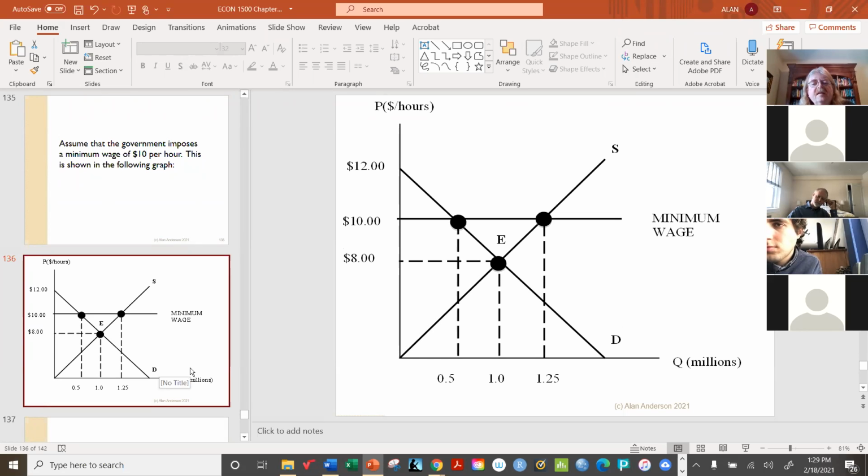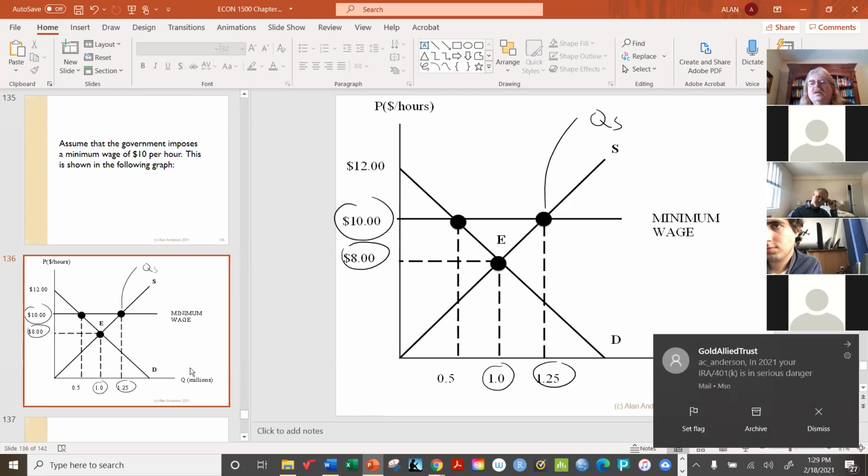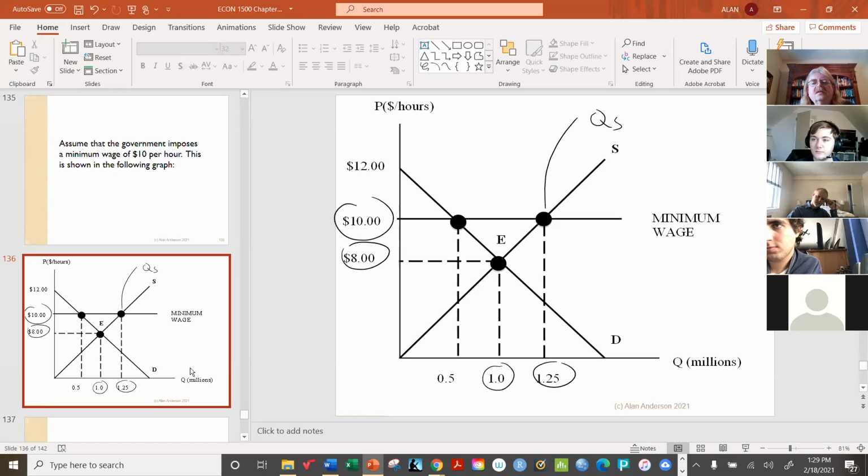So initially, 1 million people were working at $8 an hour, and supply and demand is in balance. And then with this new minimum wage, let's say it's 10, there's a supply of 1.25 million people who want to work at that wage. But guess what? The employers can only afford to hire 500,000 people at that wage.